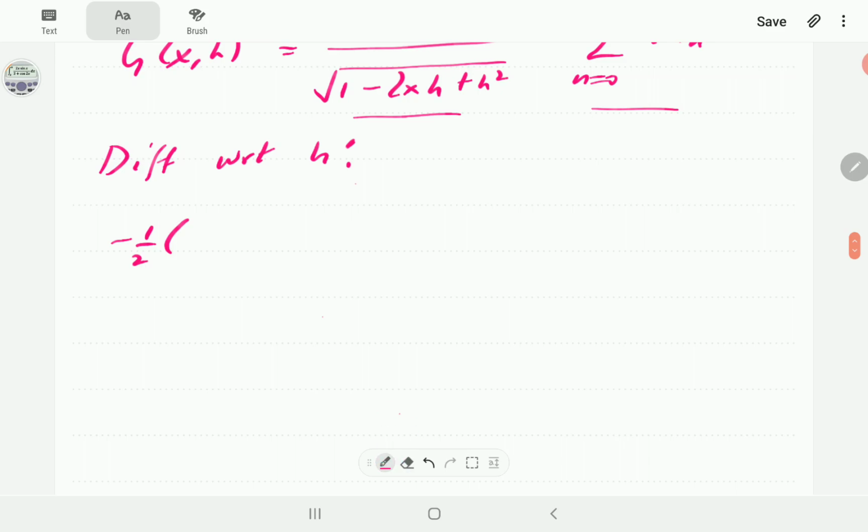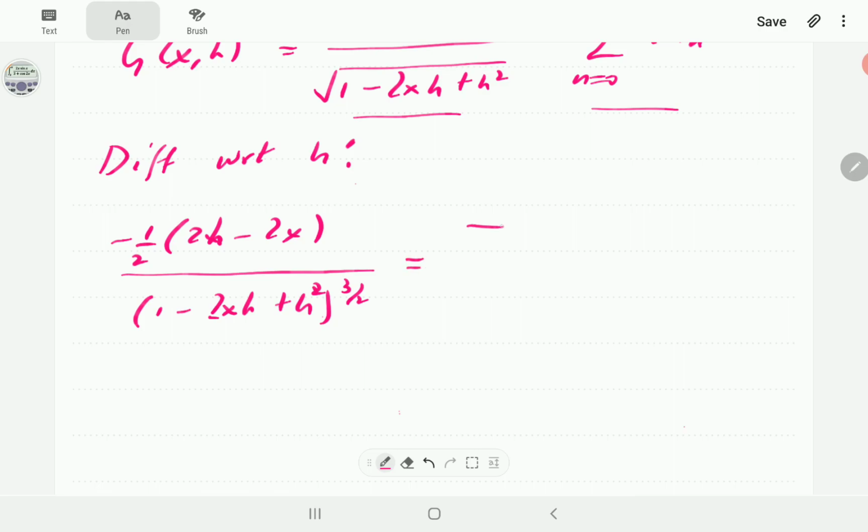Then the derivative of this is going to be 2h minus 2x. So 2h here minus 2x, and then when we subtract 1 from that power, this is now going to be power 3/2.